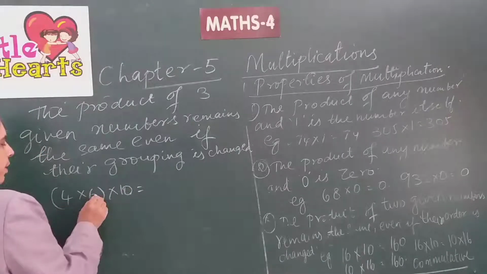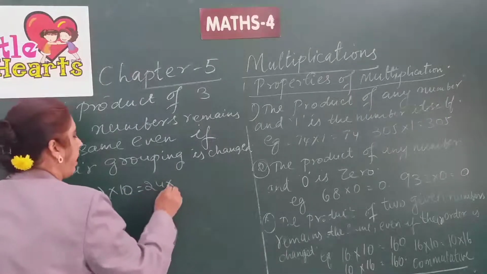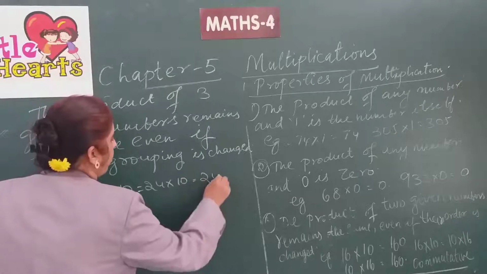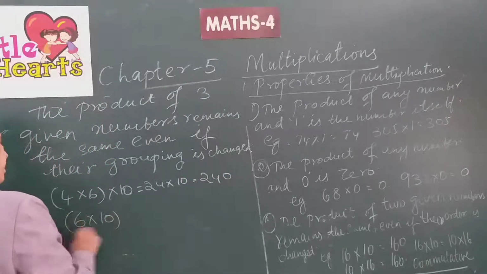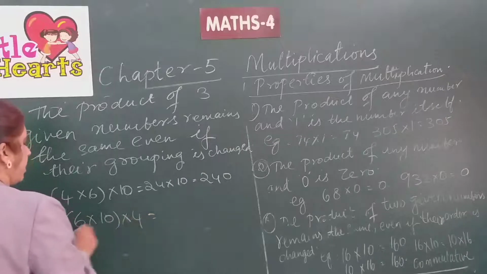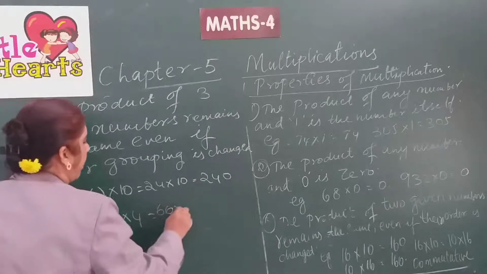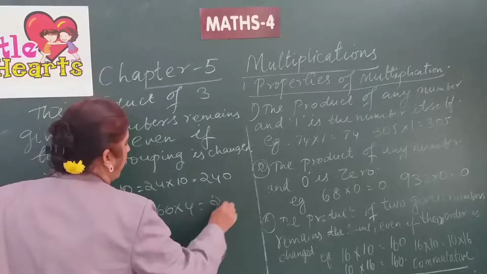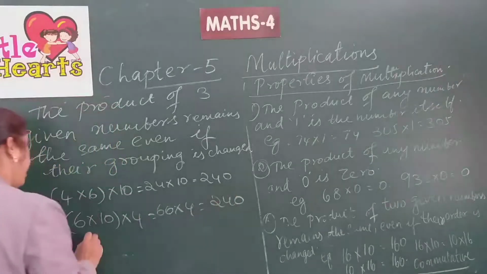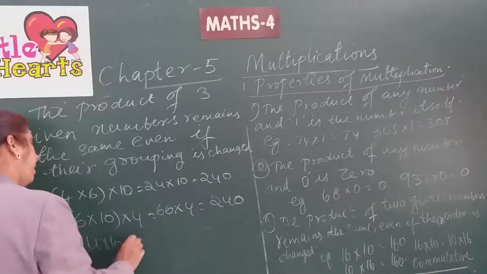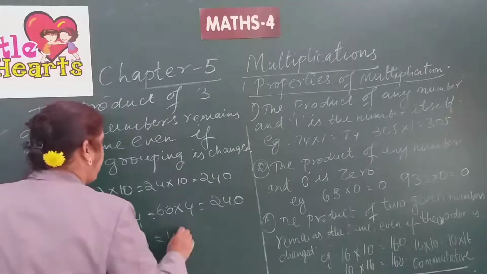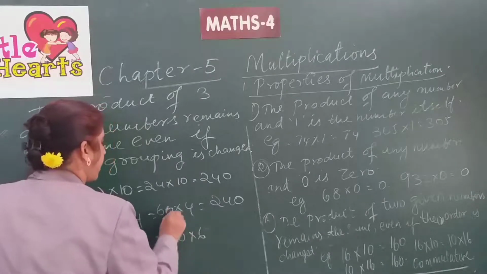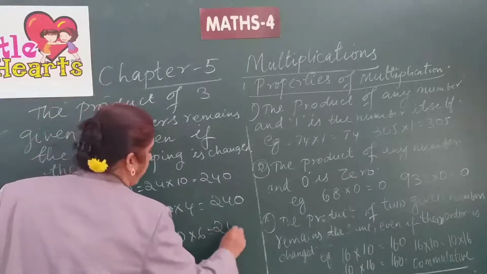4 sixes are 24 into 10 is equal to 240. 6 into 10 into 4. 6 tens are 60 into 4 is equal to 240. 4 into 10 into 6 is equal to 40 into 6 is equal to 240.